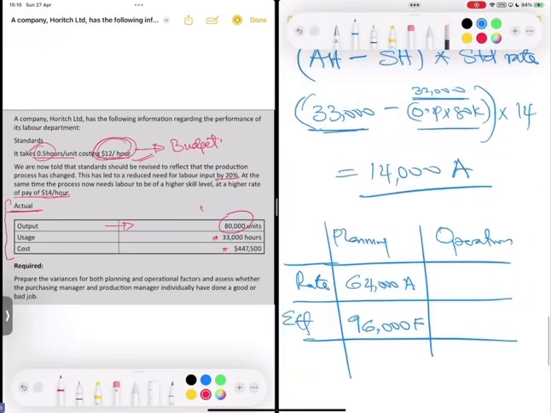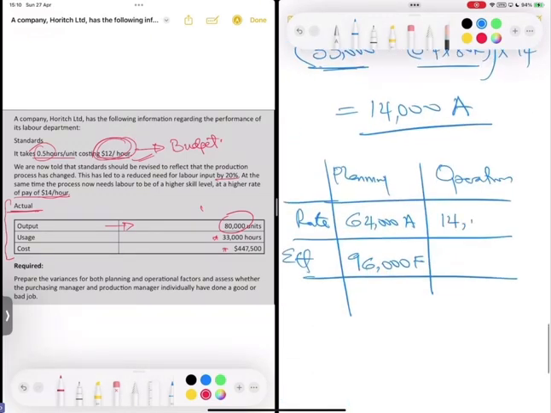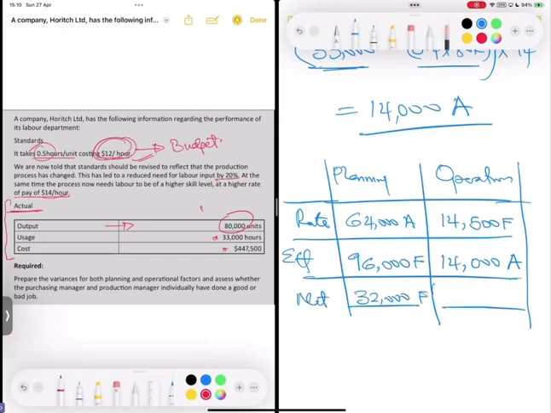Then operation rate 14,500 favorable, and 14,000 adverse. So net operation and planning: here we have net of how much? 96 minus 64, that's 32, right? That's 32,000 favorable net. And this one net is 500 favorable. Looking at this scenario, do you see the advantage of planning and operational variance already?